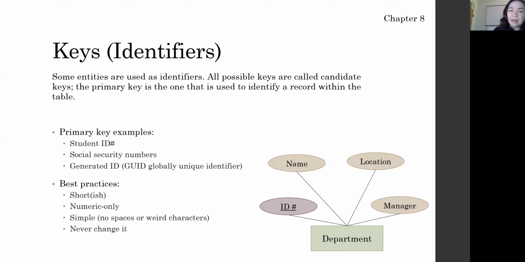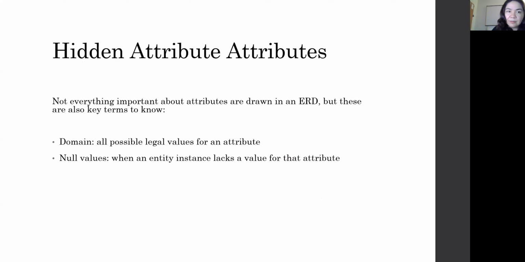So when you're looking at the attributes, those are going to be underlined to show that it is the primary key. A few more things about attributes, and I did mention the word foreign key. We will circle back around to that. So other little things to know about attributes before we move on.